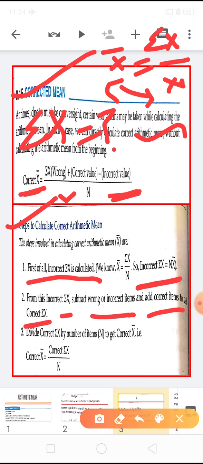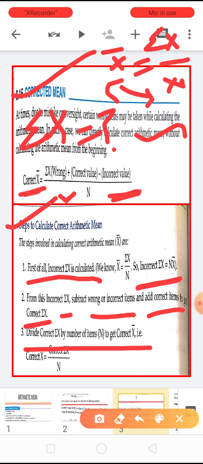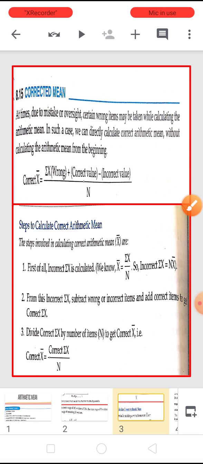So children, once we do this process, then we divide it by the number of items, and we'll get the value of the correct arithmetic mean. So children, the same we can understand well by taking one numerical example.